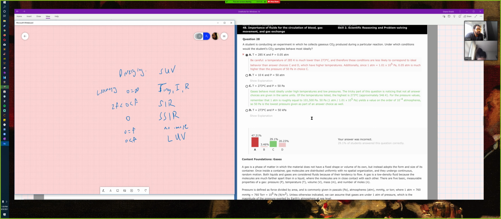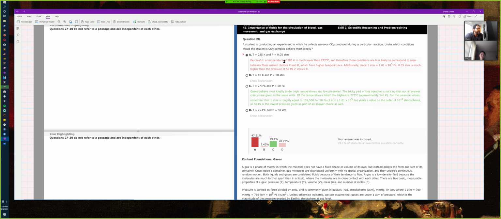I don't think I was thinking properly when I was doing the question. They messed with you in terms of the units. If this was 285 Celsius, it would be the highest temperature, and if everything was in atmospheres, that's the lowest pressure. So you have the right idea. It's just that they're not all in the same units.